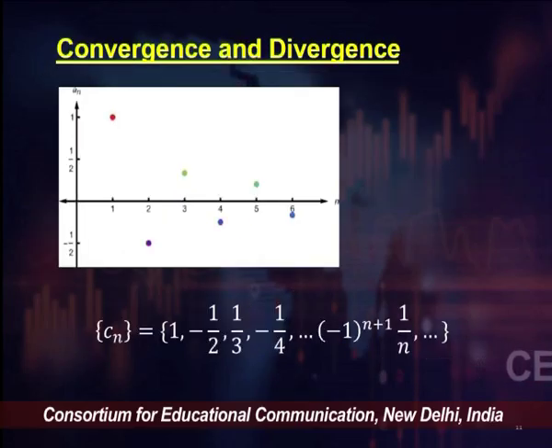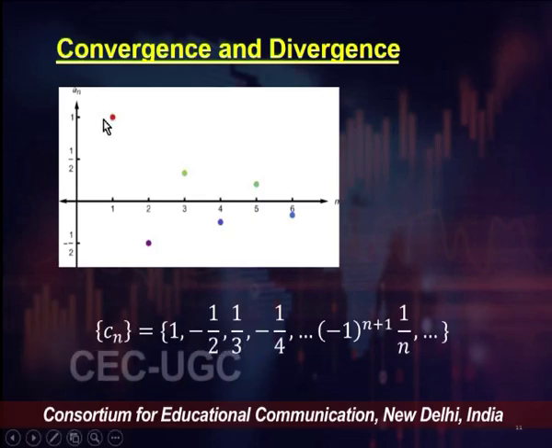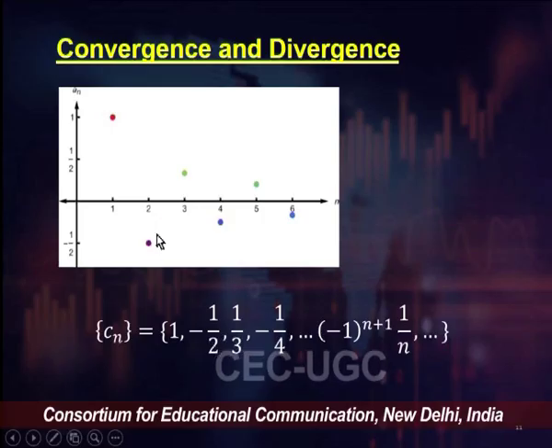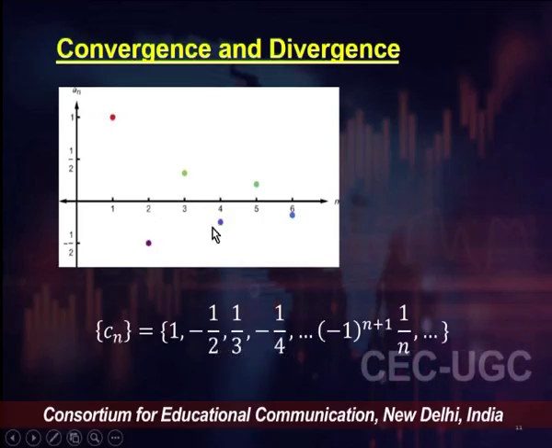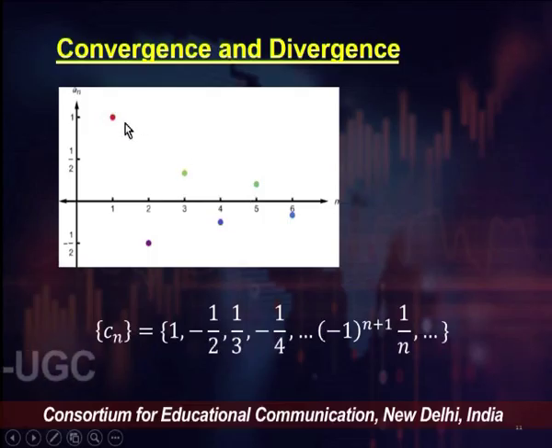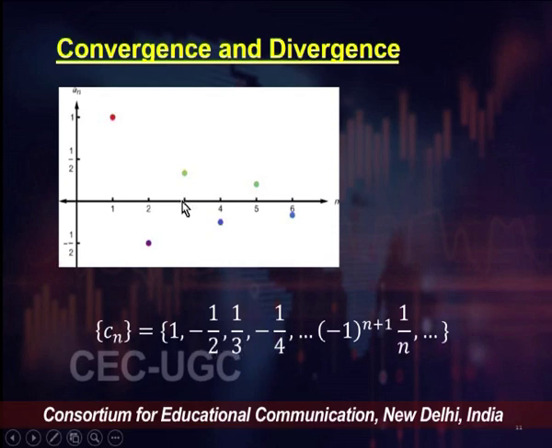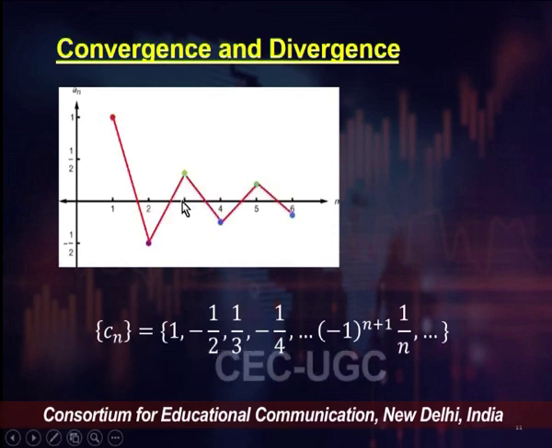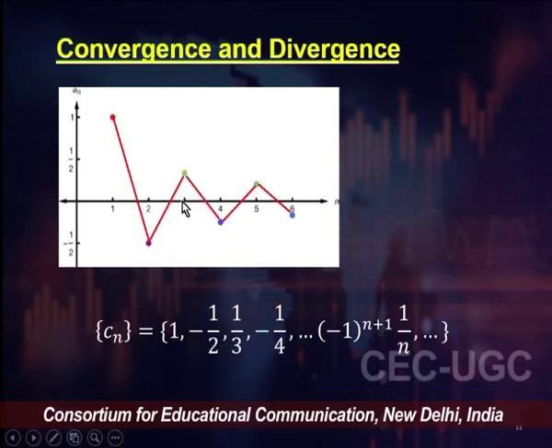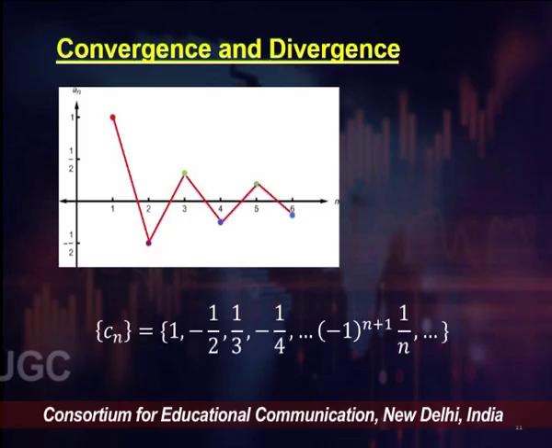Now look at this sequence. We have 1, minus half. So for n equal to 1, I have a 1, then minus half, then 1/3, minus 1/4, and so on. So here you see that the sequence is oscillating, but the nice part is that the oscillations dampen as n approaches larger and larger numbers, or as n approaches infinity.